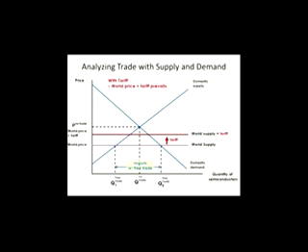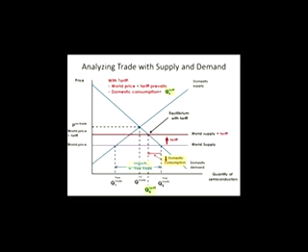Of course, what this means is that at a higher price, domestic consumers are going to demand a lower quantity. So domestic consumption falls from Q free trade to the quantity demanded with the tariff. Let's just add that to the diagram. Domestic consumption falls from here to here.